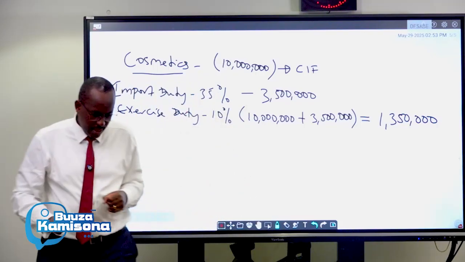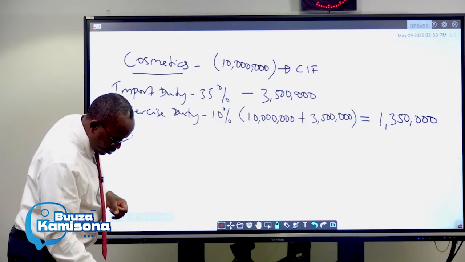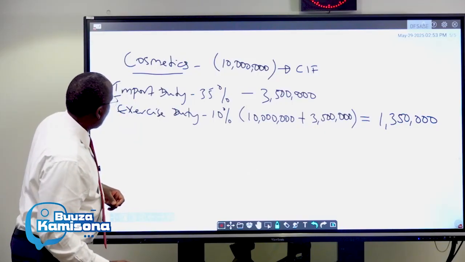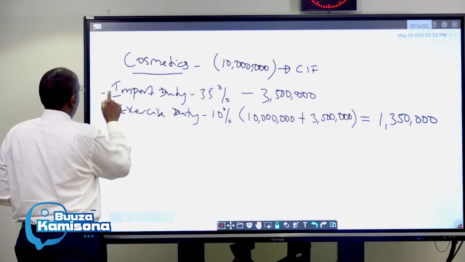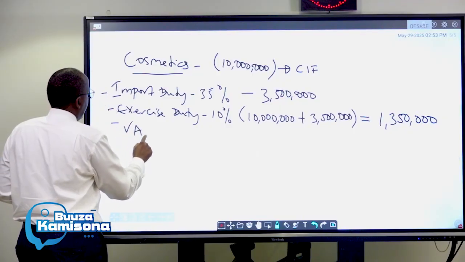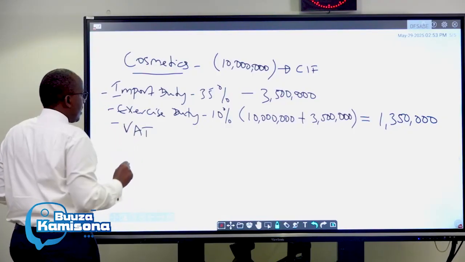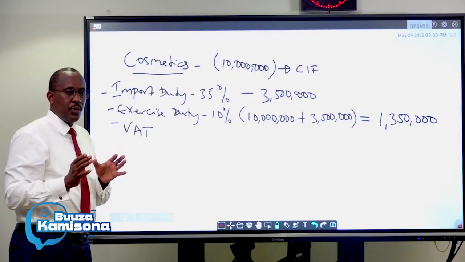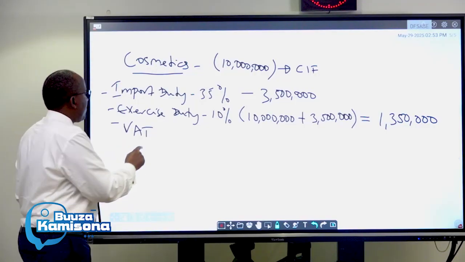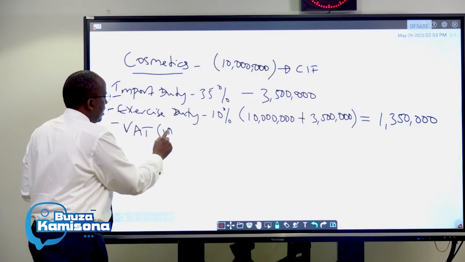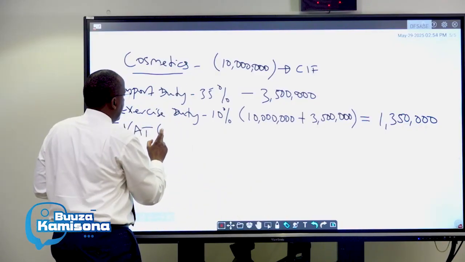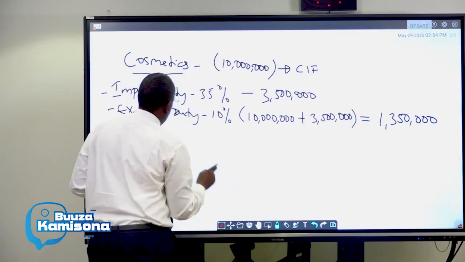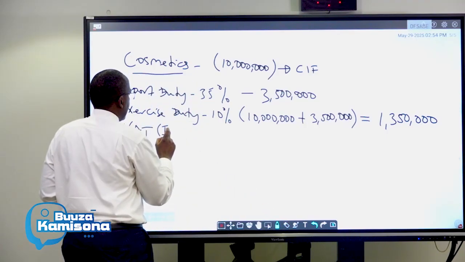Then the next tax to consider will be VAT, value added tax. Remember, for someone who is buying these cosmetics for sale, this will be their VAT input. Meaning they will pay it here at importation, and then they will recover it when they are selling.